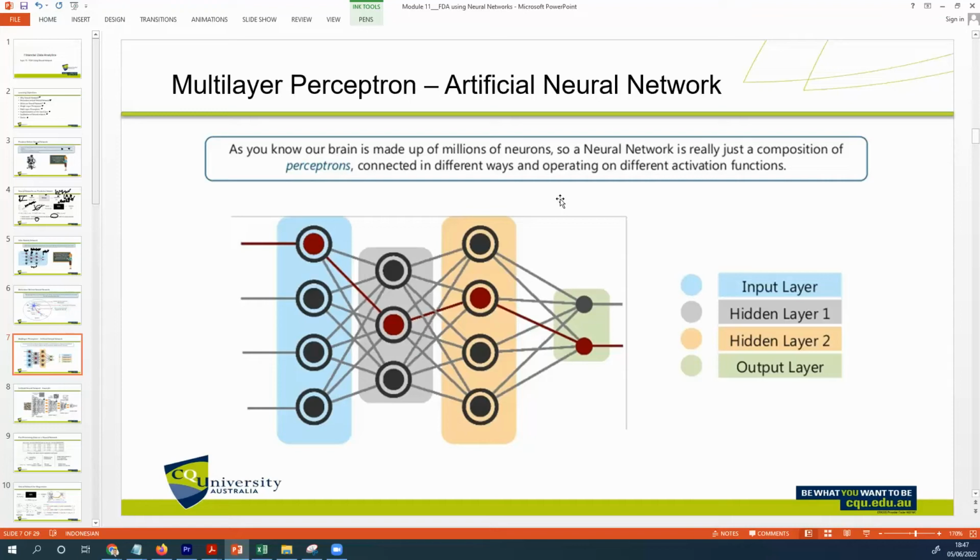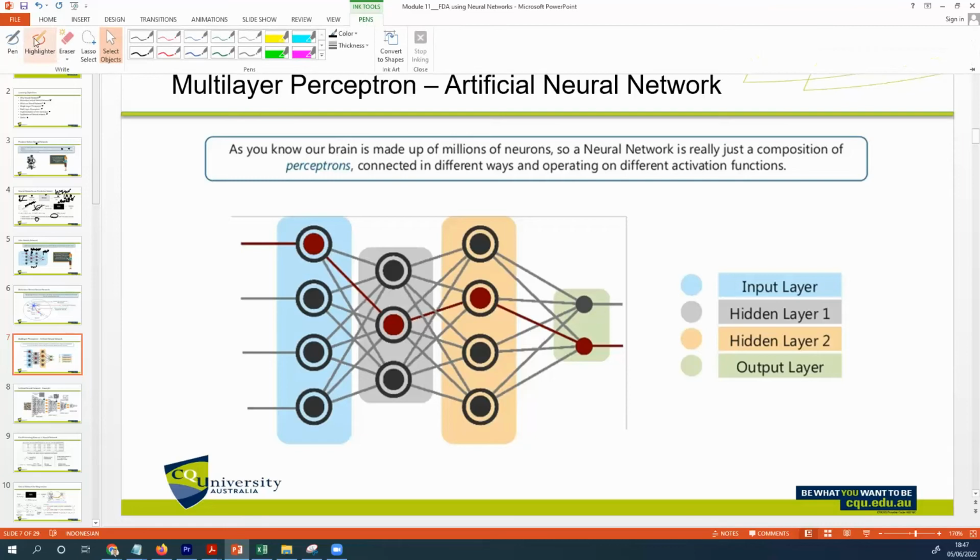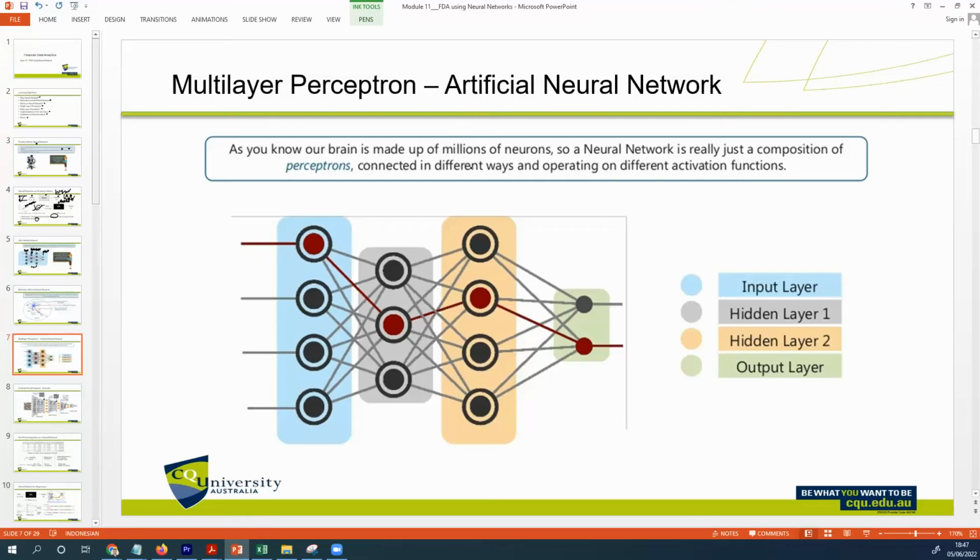Within the neural network, we are dealing with the multi-layer perceptron. As you know, our brain is made up of millions of neurons. So a neural network is really just a composition of perceptrons connected in different ways and operating on different activation functions.